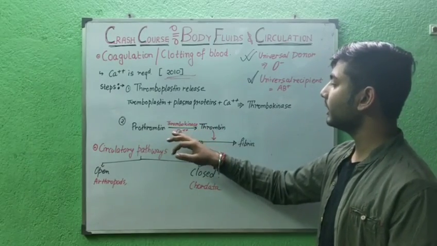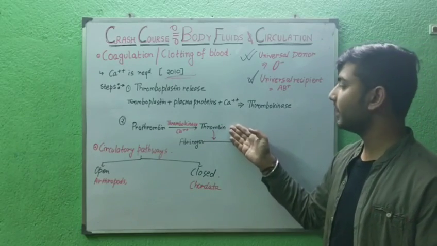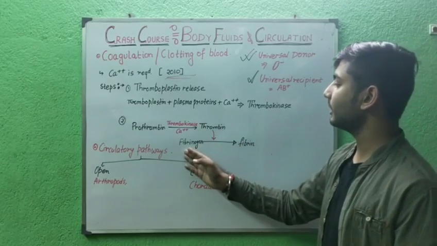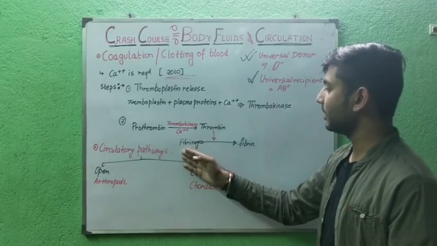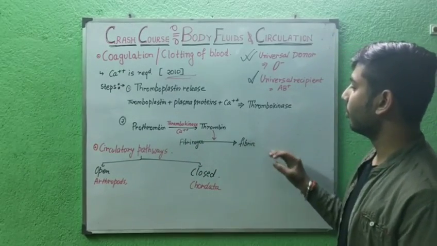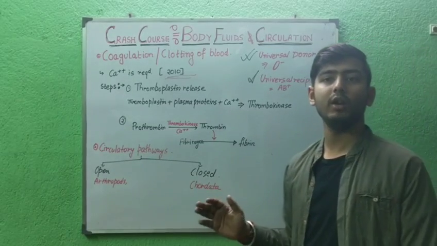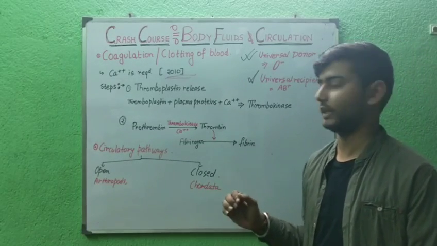With the help of thrombokinase and calcium ion, it is converted into its active form, thrombin. Now this thrombin helps in conversion of inactive fibrinogen into fibrin threads, and these threads will cover the wound and tighten, helping prevent the blood flowing and helping in blood clotting.